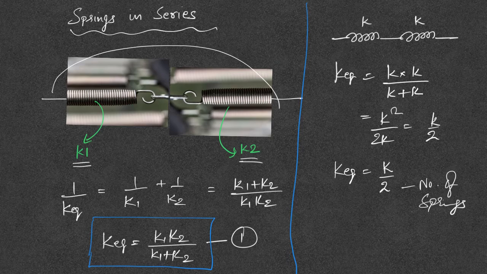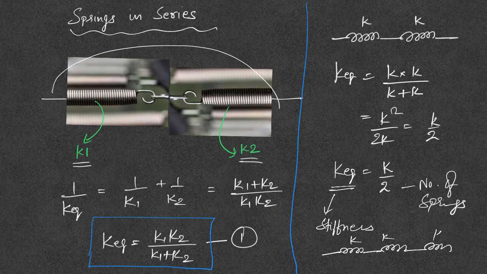So the equivalent spring constant, which is a measure of the stiffness of a spring, actually reduces when springs are connected in series. This is very important. If you have three springs connected in series, all of them with the same stiffness, then the equivalent stiffness of this setup will be K divided by 3.